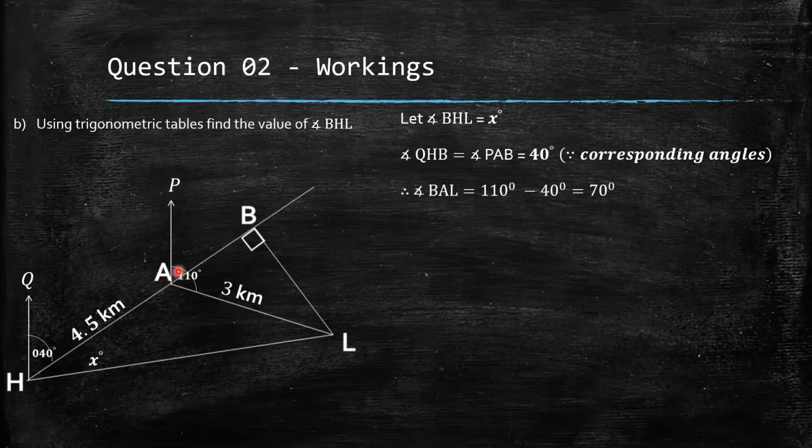Now the whole angle PAL will be 110 degrees because the data is given. Now you know PAB is 40 because of corresponding angles. So if PAB is 40, you can find the BAL angle. It will be 110 degrees minus this smaller portion, and you get the remaining portion, which is BAL.